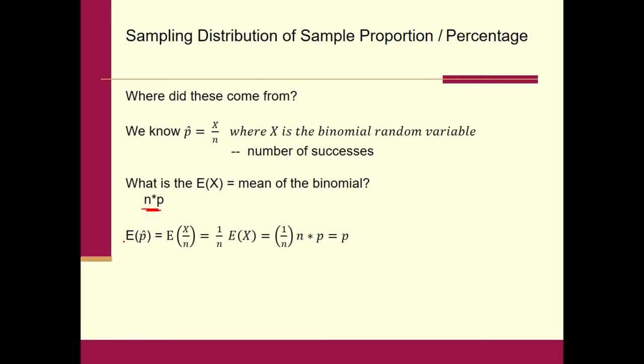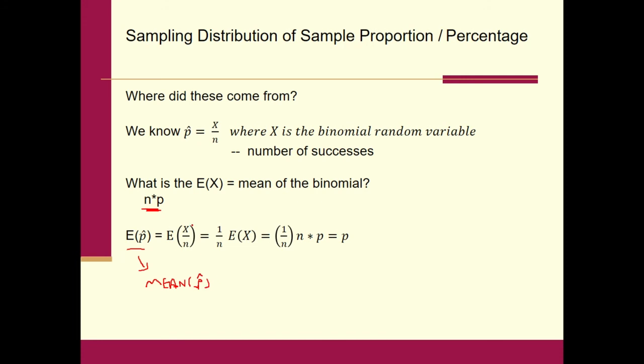So if we're trying to figure out the expected value of the sampling distribution of p-hat, meaning its mean, that's all we're trying to do here: calculate the mean of the sampling distribution of p-hat. Another way of writing that is simply the expected value of p-hat.